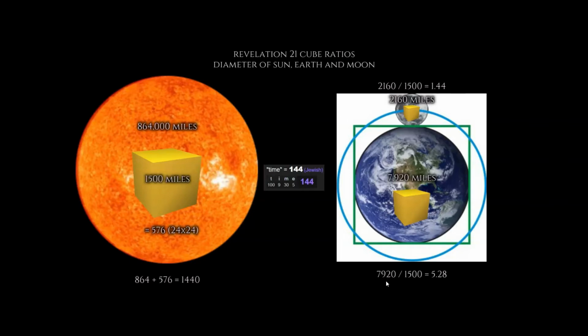And the reason I was looking at this 528, or what turned me on to measuring the ratio here, I was watching a video by Geocosmic Rex, and he had mentioned in his video that the ratio of the cube, the 1500 miles, with the given diameter of the Earth, which is 7,920 miles, was 5.28.